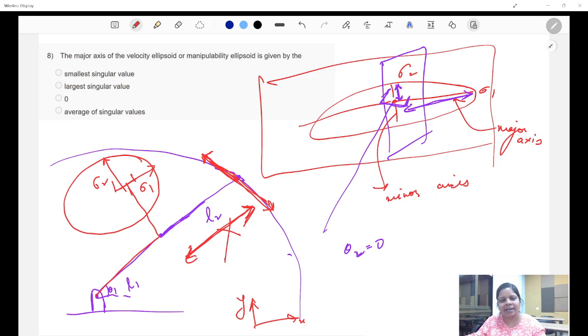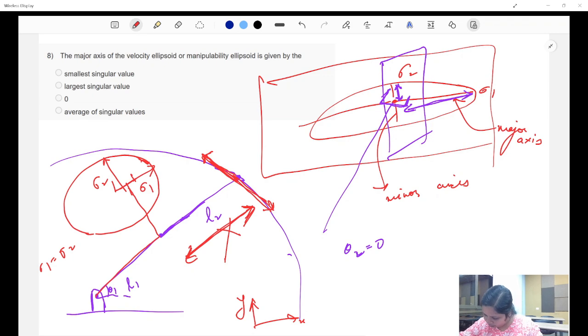You were not constrained. As long as you were in the central workspace, you had sigma 1 equal to sigma 2, and if you normalize, it is 1. So you had the opportunity to move in both the directions with equal capability.